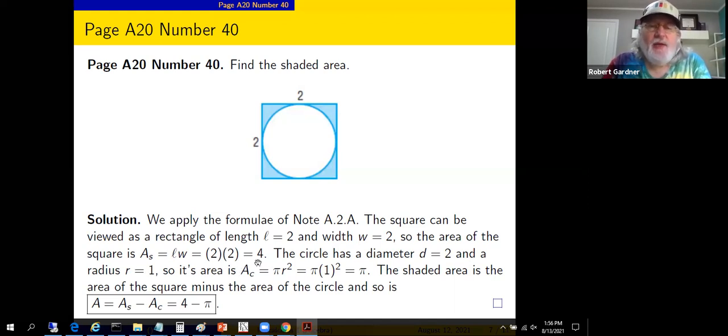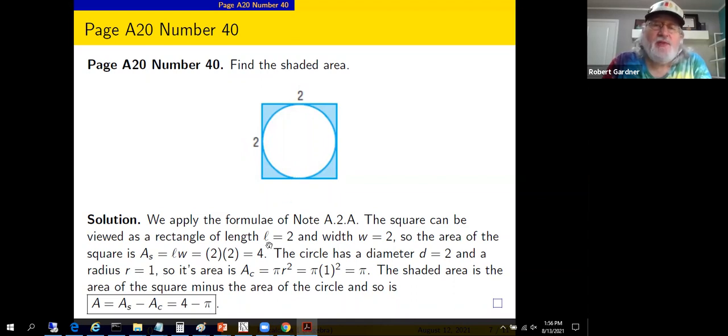So we get an area of the square of 4, but the shaded area has removed this circular part inside. That circle, which will be removed, has a diameter of 2. Side to side, top to bottom is 2. So the radius is half of that, and the radius is 1.